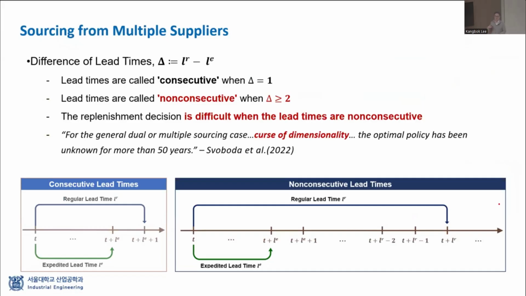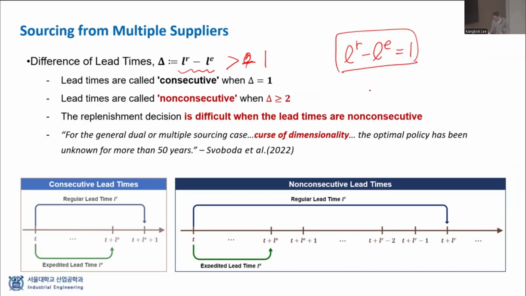This is a bit complicated problem, especially if the lead time difference is greater than or equal to 2. Why does it matter? Let's say this is the simple case, where the difference is 1.